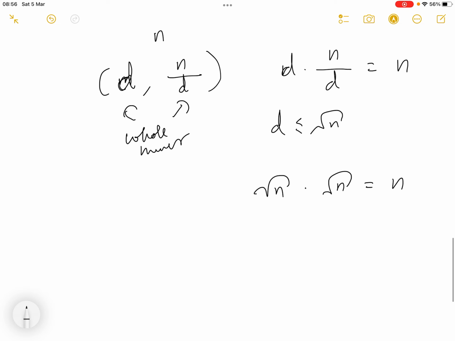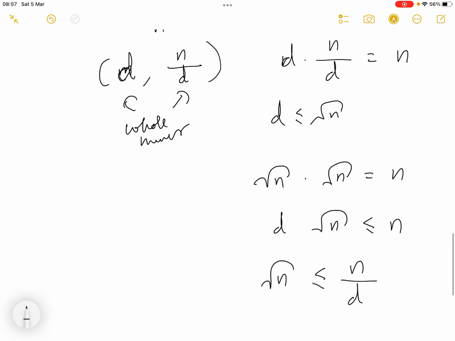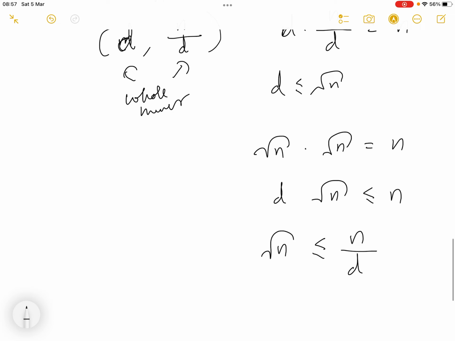And if we say that we have d being less than the square root of n, then that means that d times the square root of n will be less than n, right? That means that n over d will be greater than the square root of n. So that's why one of them is less than the square root of n and the other one's bigger. So that would be the proof.